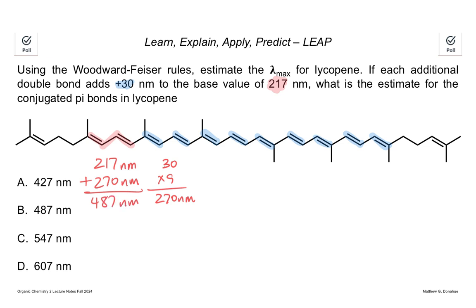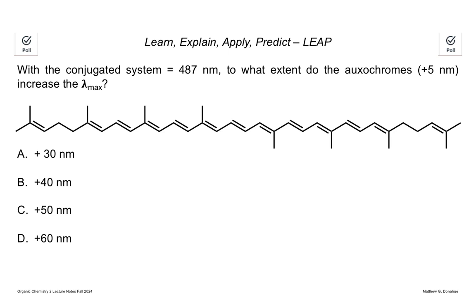And so now we're in that visible region. So 487, now we have to account for the oxychromes. Those are the substituents that will increase the lambda max beyond 487.